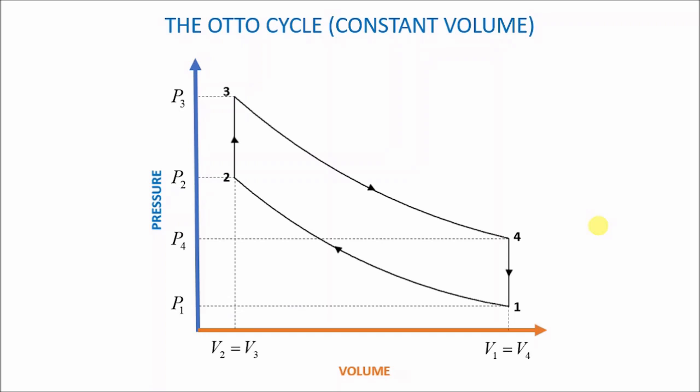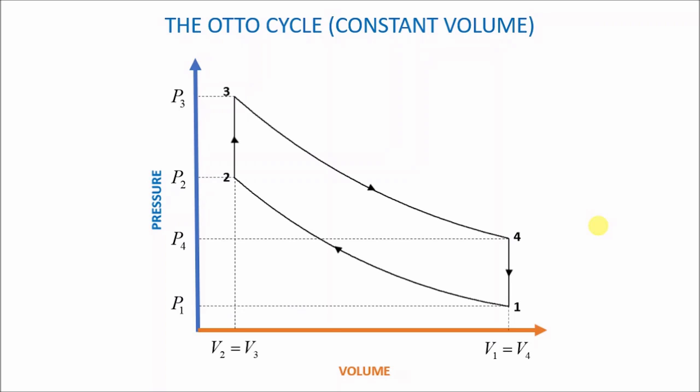All of the cycles have their own PV diagram, but if you want to solve a question on cycles, it's going to be really important for you to know how the PV diagram of that cycle looks like. So when you're dealing with the Otto cycle, this is what the PV diagram looks like. It always looks like that.